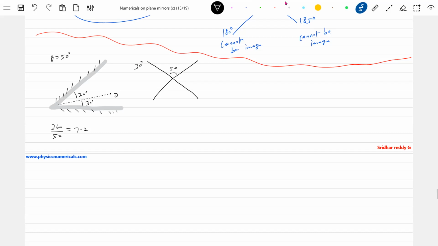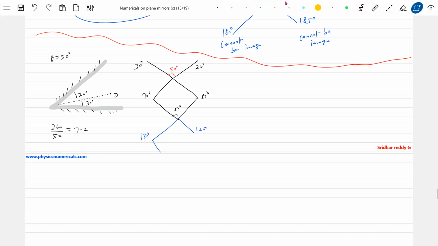The angle between the mirrors is 50 degrees. And this angle is how much? 20 degrees. So this will become 80. This will become 70. Then 50. 70 plus 50 is 120. 80 plus 50 will be 130 degrees.